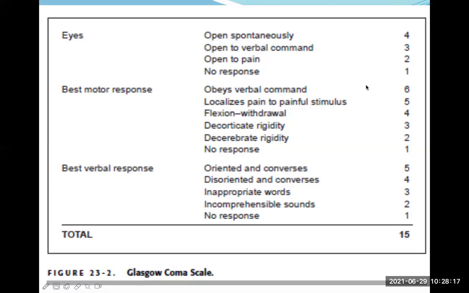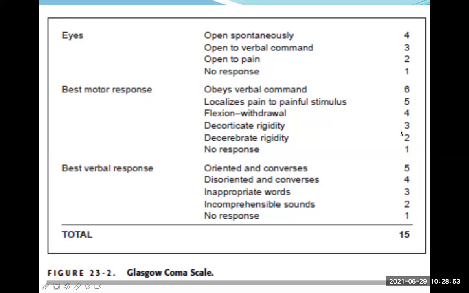Motor response, we have a maximum score of 6. See this? Obeys verbal command is 6. Localizes pain to the painful stimuli is 5. Now, if you apply some pain somewhere in the body and ask the patient where they feel the pain, and the patient localizes there, it is 5. Flexion means removing that particular part by flexing it, like one of the arms by flexing and removing, which is called flexion withdrawal, 4.